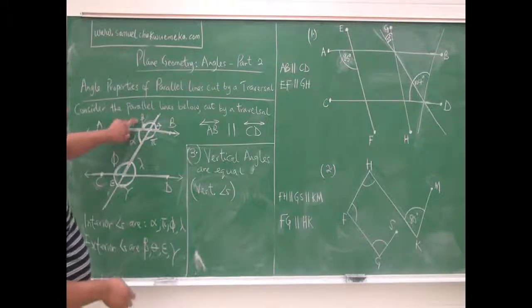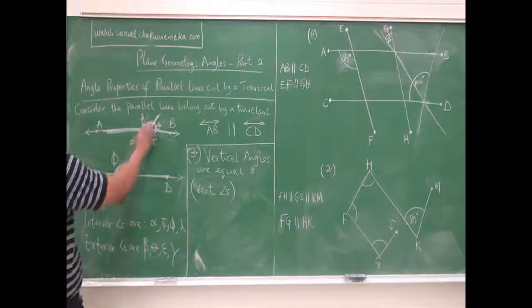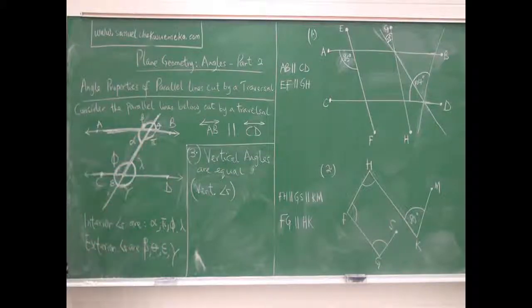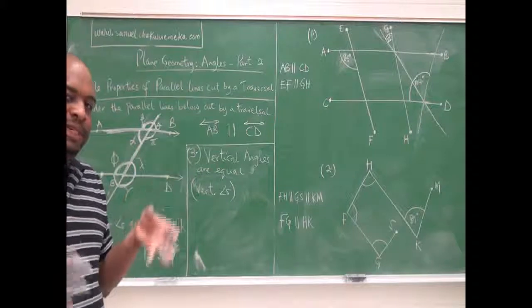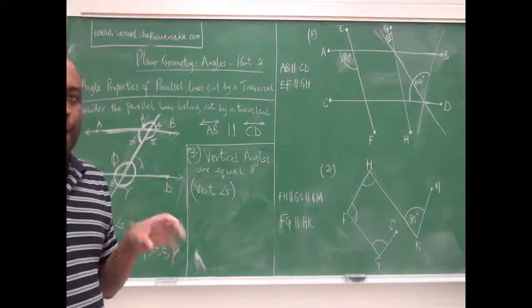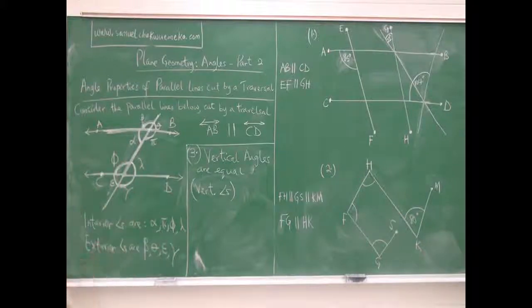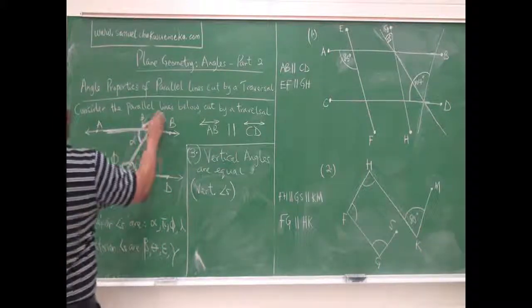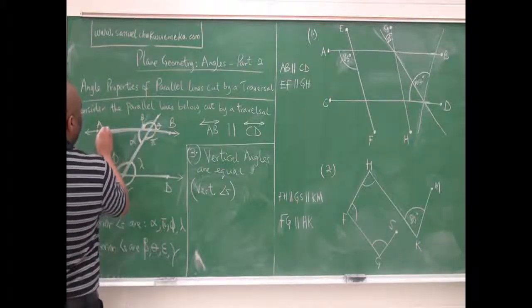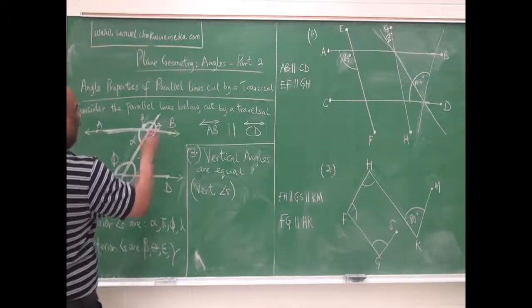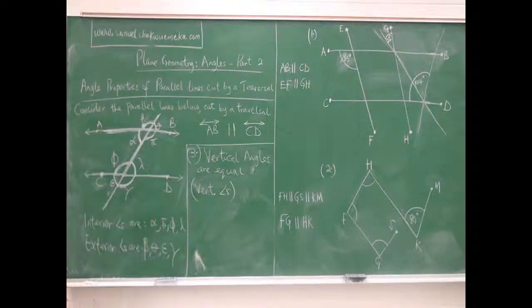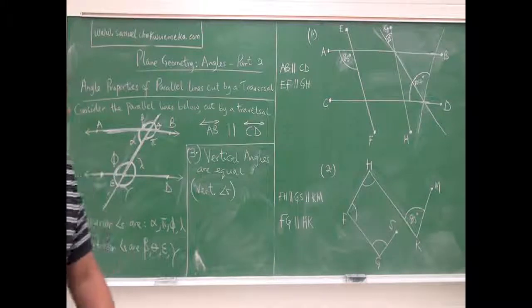So in this case, here at this point of intersection, you see the vertical angles always come at the point of intersection. I want you to know that. The vertical angles always come at the point of intersection. So the traversal cuts line AB and line CD.